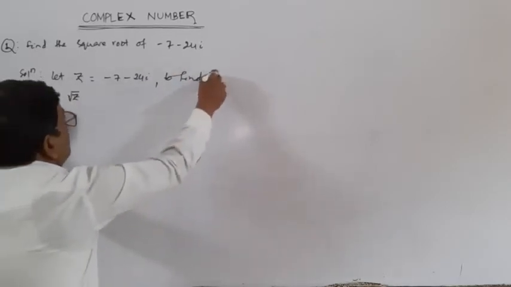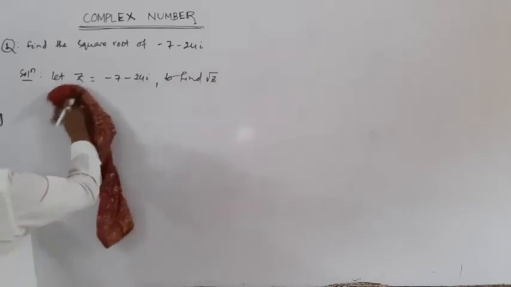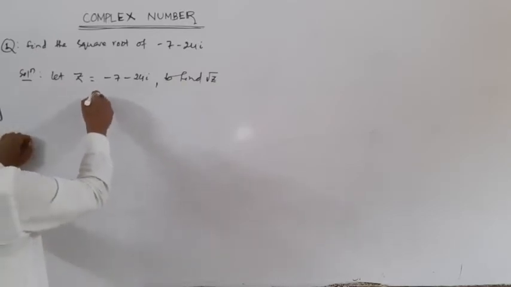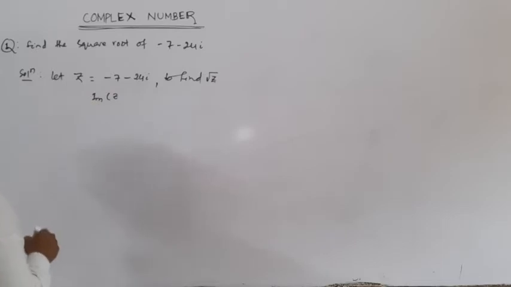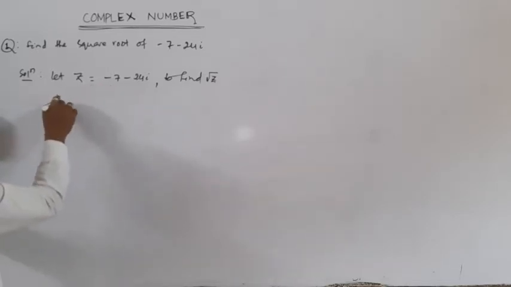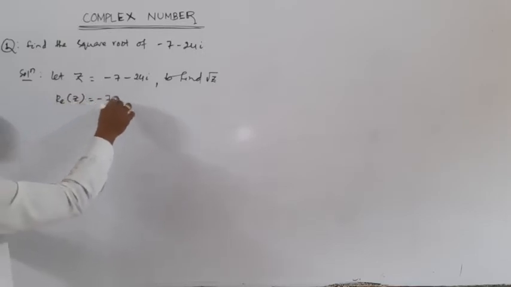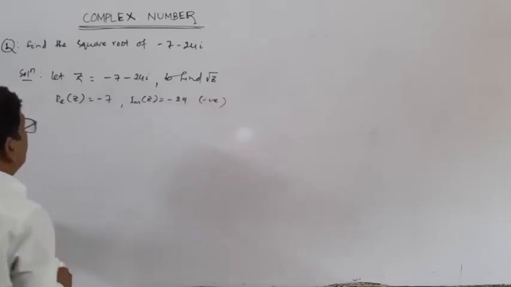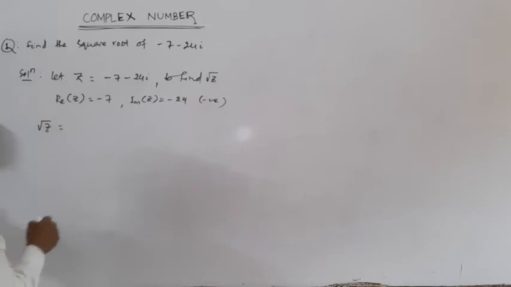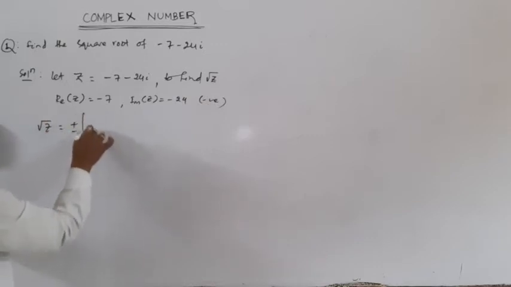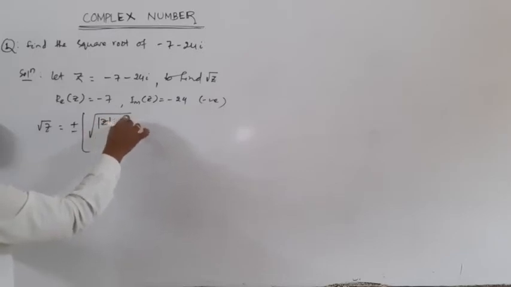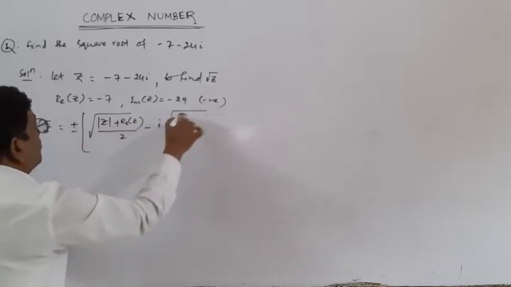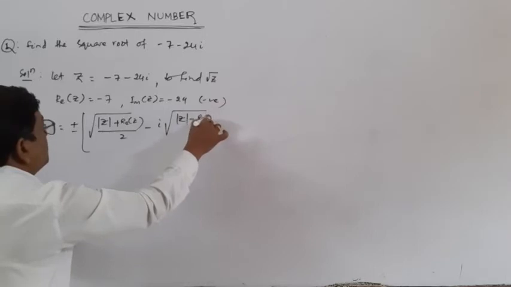The formula: the real part of z is minus 7, the imaginary part of z is minus 24, that is negative, and root z is equal to plus or minus square root of mod z plus real part of z by 2, minus i into square root of mod z minus real part of z by 2.